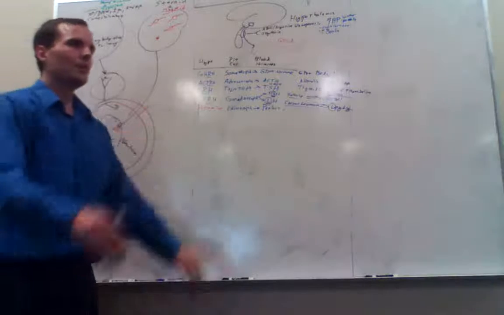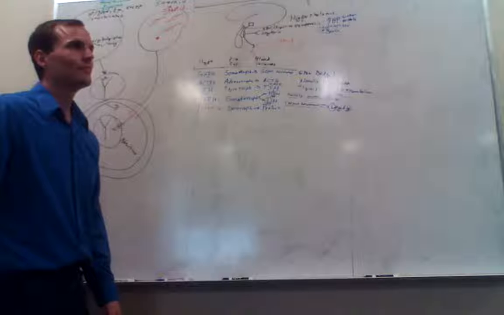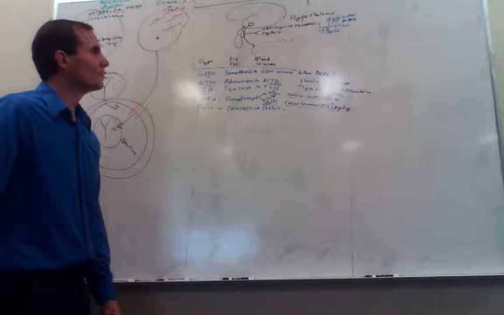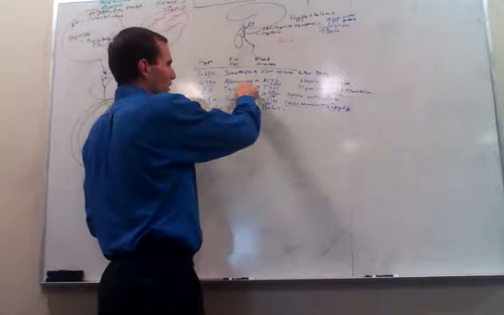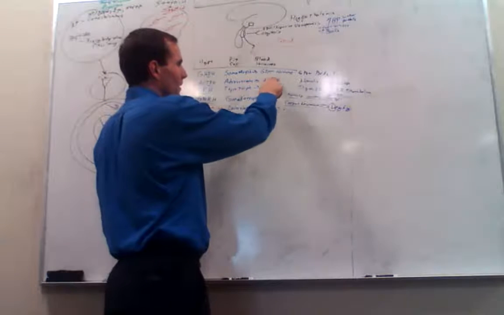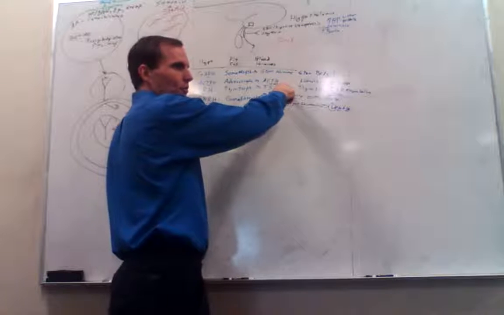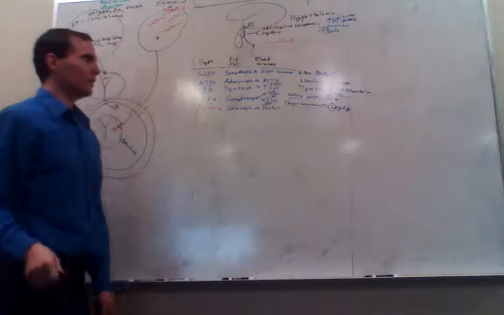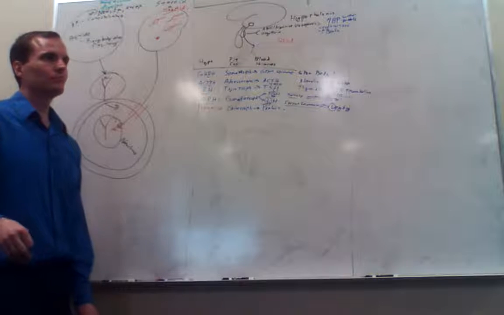Yep. So your adrenotropes would make both ACTH and MSH, and both of those would be released into the blood. Good question.